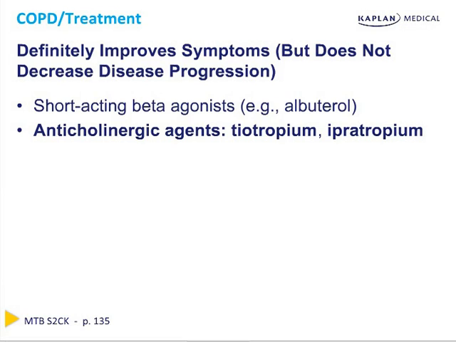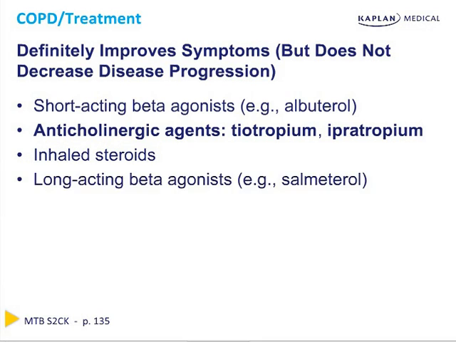While we mentioned before that these are not so well studied for asthma, they are very well studied for COPD. Inhaled steroids can be helpful to decrease the degree of inflammation in these patients and to prevent COPD exacerbations. And long-acting beta agonists, such as salmeterol, can also be helpful in preventing COPD flares. Lastly, pulmonary rehabilitation can be quite helpful in helping patients to improve their quality of life when living with COPD.